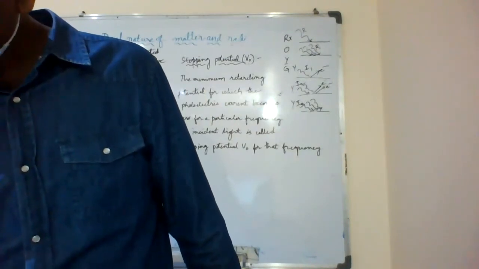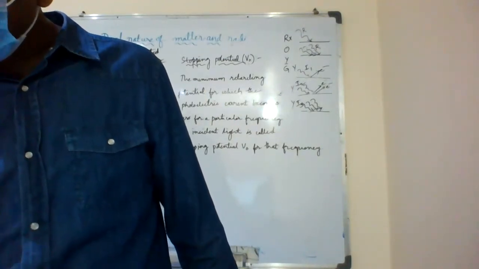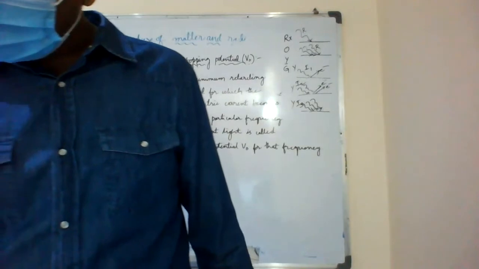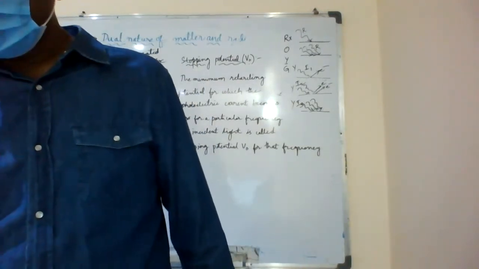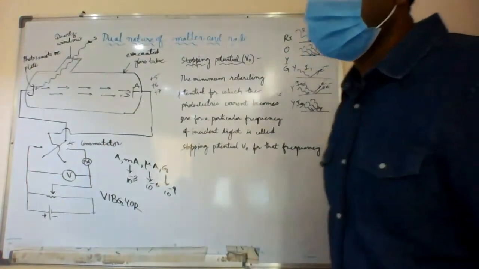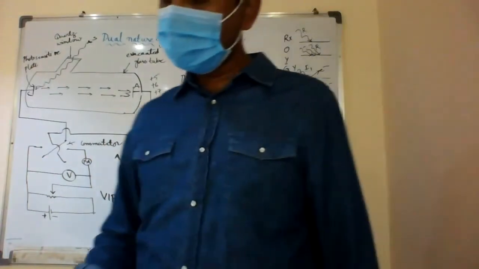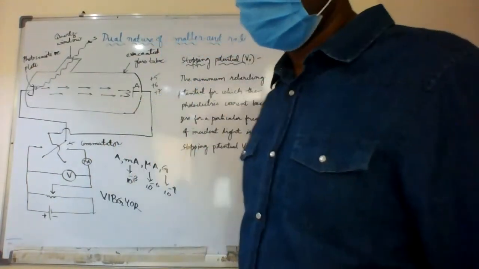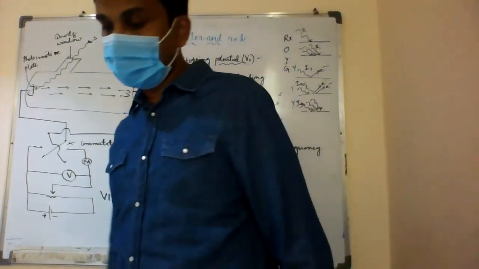There is the effect of frequency of incident radiation on stopping potential. Two more graphs. Effect of frequency of incident radiation on stopping potential. What was before? The effect on photoelectric current. This is the other one.